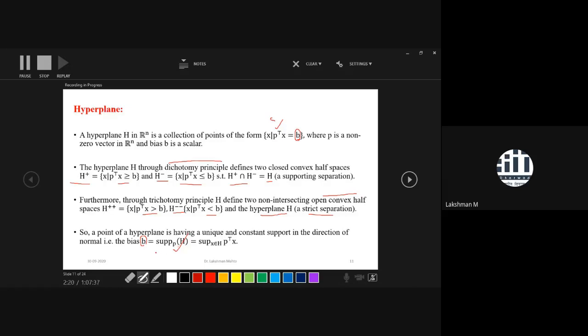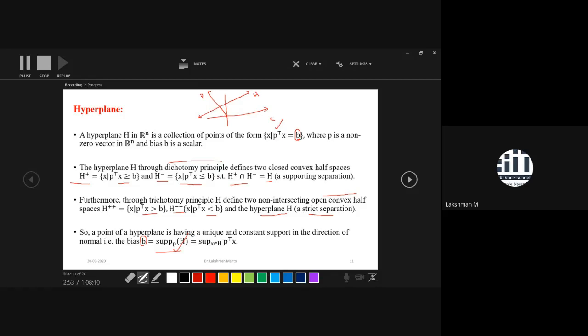It is simple to visualize. Suppose you have a line like this, and this is the coordinate axis, and this is the normal direction p. You project every point of this one-dimensional hyperplane along this direction.